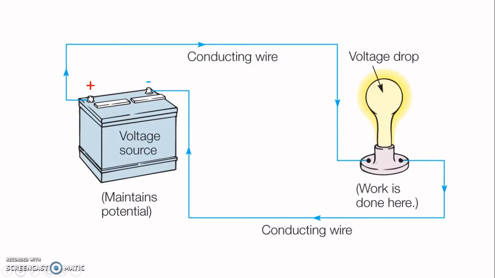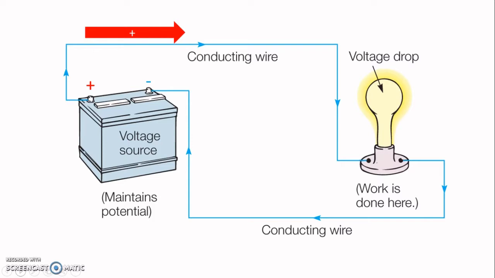Let's take a closer look at the current itself. Let's say that we have a positive charge on the left of this battery and a negative charge on the right side of the battery. If you were to place a positive charge anywhere in this circuit, that positive charge would flow away from the positive terminal, towards the negative terminal.